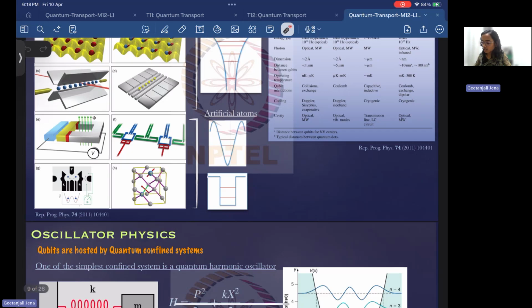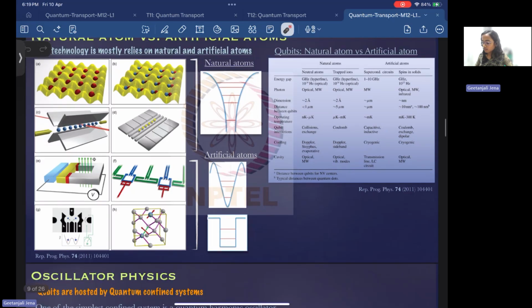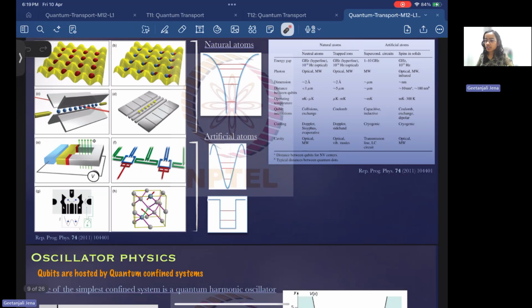And for the cavity that we can use: for the natural atom we can use either an optical or microwave cavity, and for the superconducting artificial atom, or gated quantum dot, we can use the transmission line or LC circuit, and for spins in solid, we can use a microwave cavity or optical. So from this table, we can get some brief information about the most important parameters of the natural atom and the artificial atom.